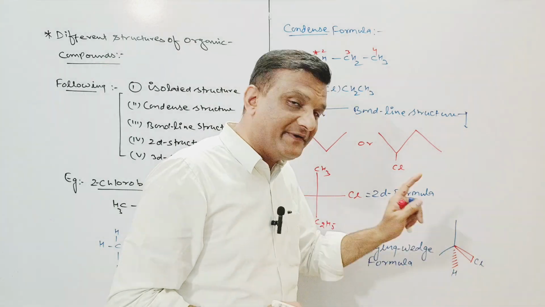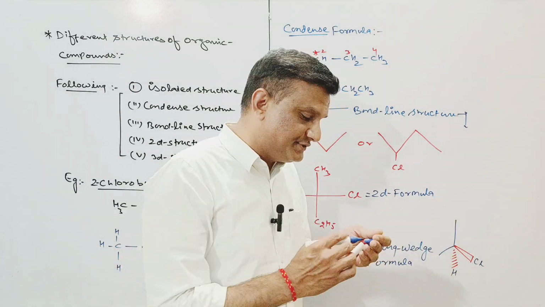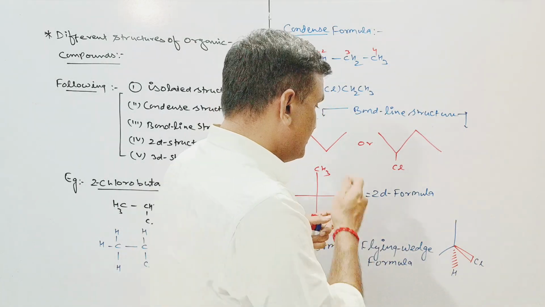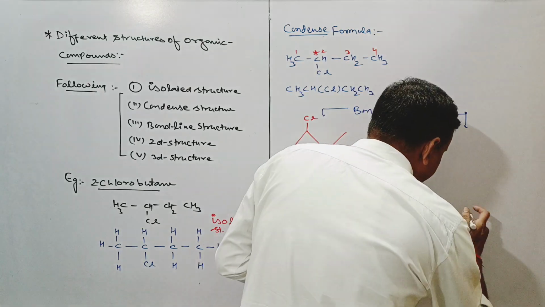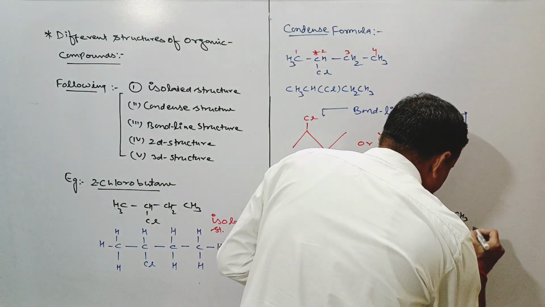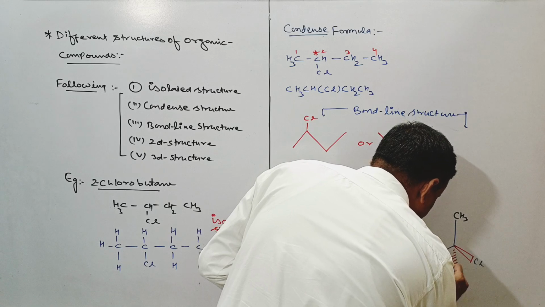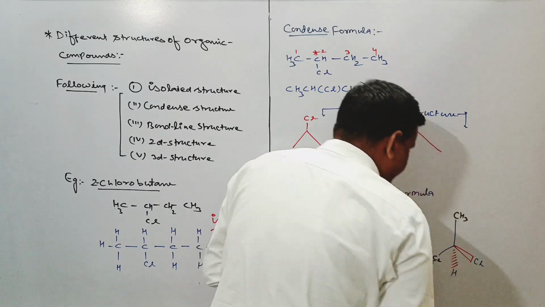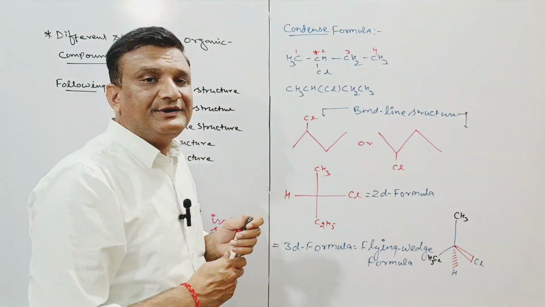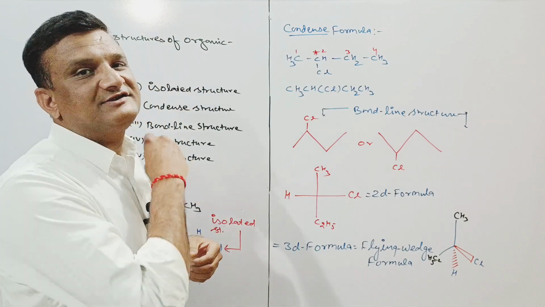CH3 यहाँ तो C2H5 यहाँ, यहाँ CH3 तो यहाँ पे C2H5. तो पर्टिकुलर आप इसको कुछ इस प्रकार से रख देंगे. ये CH3 और ये आ गया आपके पास में C2H5. ये था पर्टिकुलर आपके पास में 3 डायमेंशनल और फ्लाइंग वेज स्ट्रक्चर.